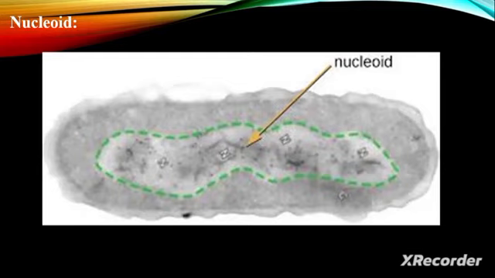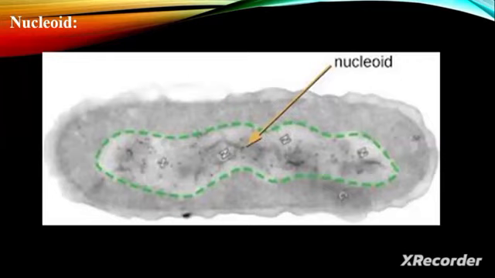It is not a true nucleus because it lacks a protective membrane. It contains a single circular chromosomal DNA molecule that holds all the essential instructions for the cell's survival.